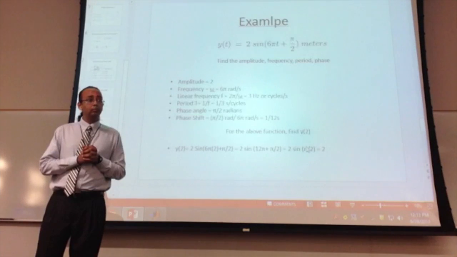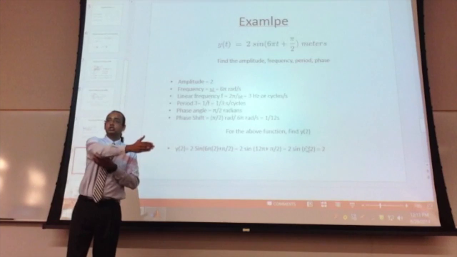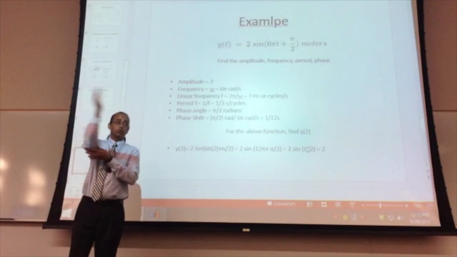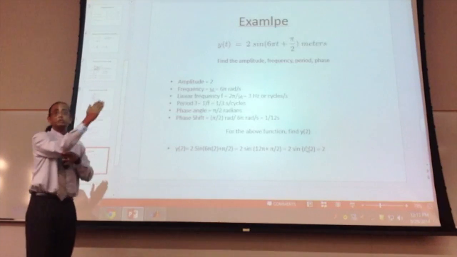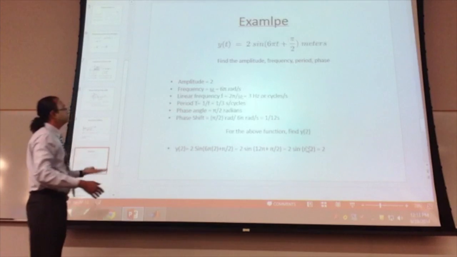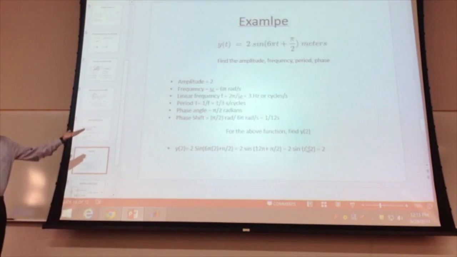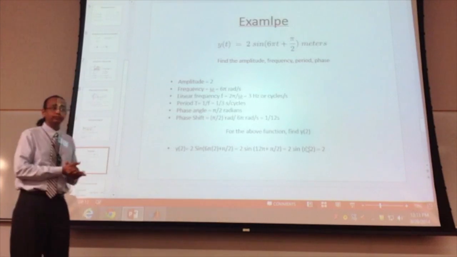The number of cycles in harmonic motion. In 1 second, it does 2 pi, 4 pi, 6 pi. So 6 pi radians per second means the cycle repeats itself 3 times. And that's where you get the linear frequency, 3 hertz or 3 cycles per second.